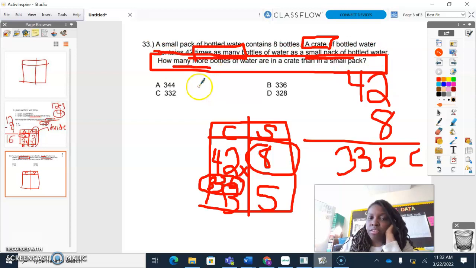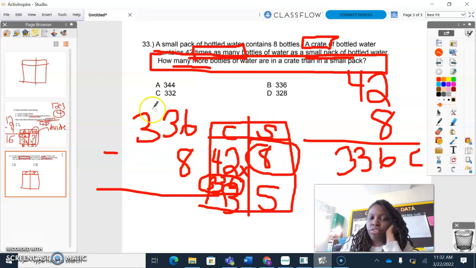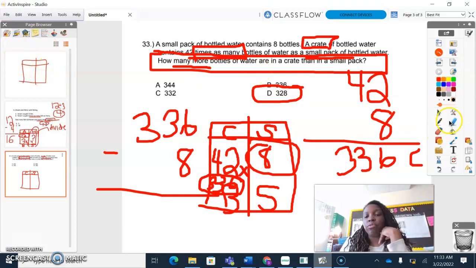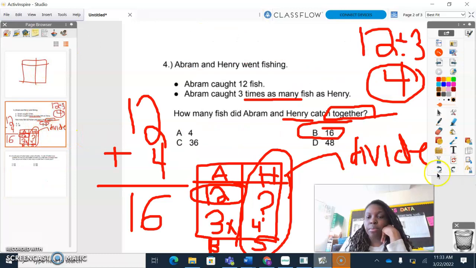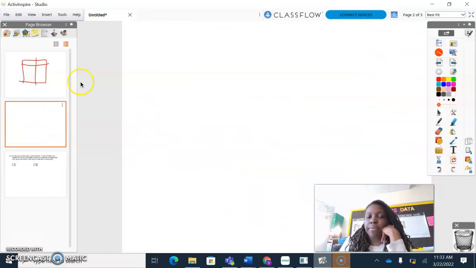So we need to subtract. 336 minus, what are we subtracting? Good, the small pack, which was 8. When we subtract 336 minus 8, we'll get 328. So you guys got to start drawing out your tables to compare, okay? That's what we got to work on, drawing out our tables and comparing the numbers. All right, good job.